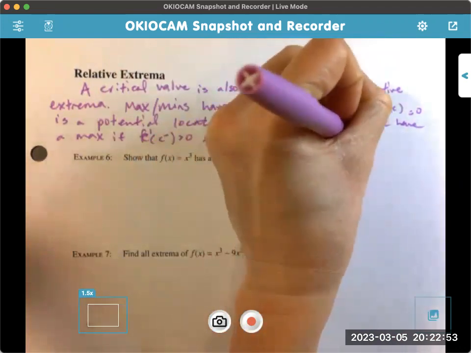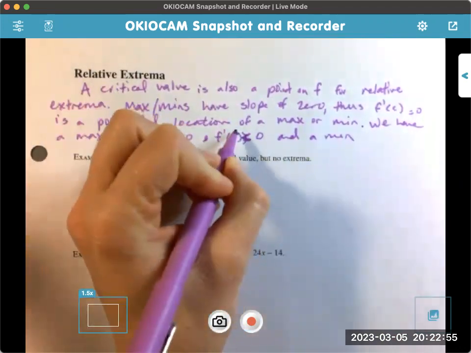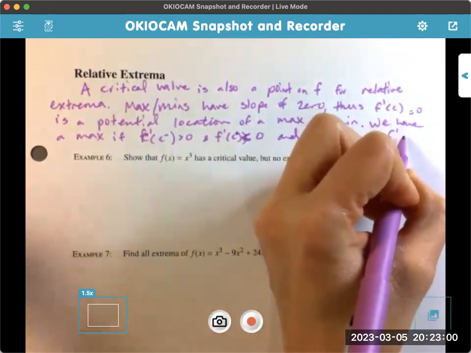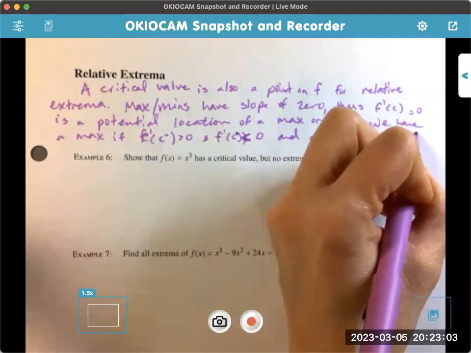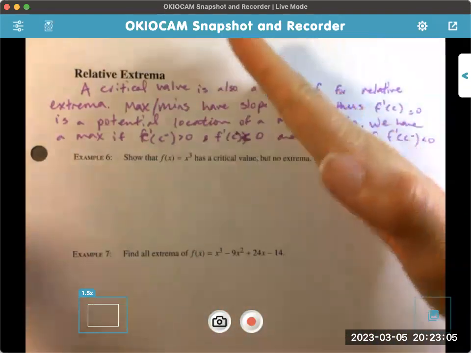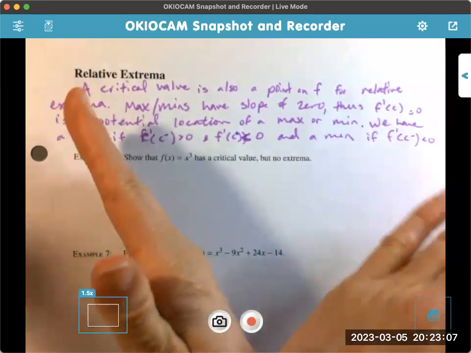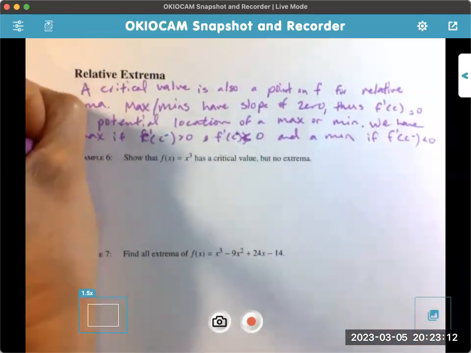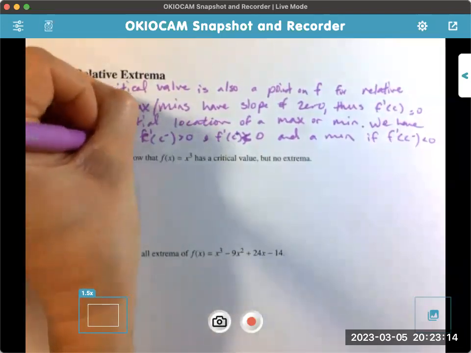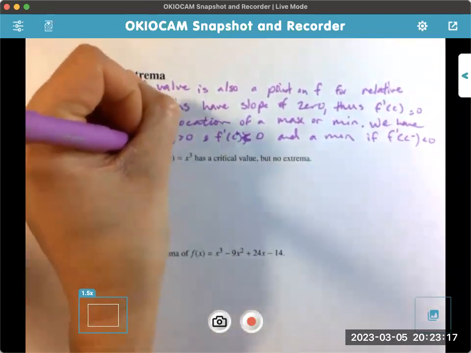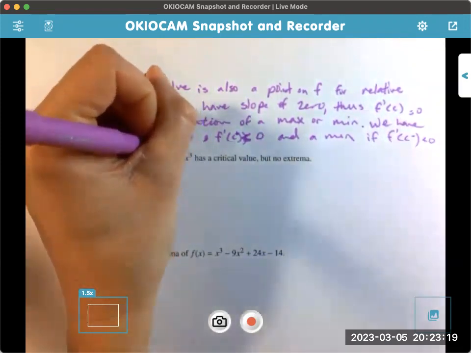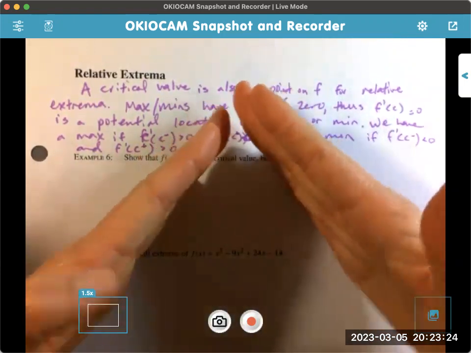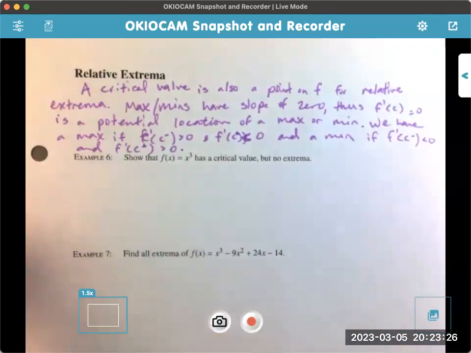And a min, if f prime of c on the left is less than 0, so here you'll have the downslope, upslope for the min, and f prime of c on the right is greater than 0. So that's why the sign chart is important. It helps us find where the hills and the valleys are.